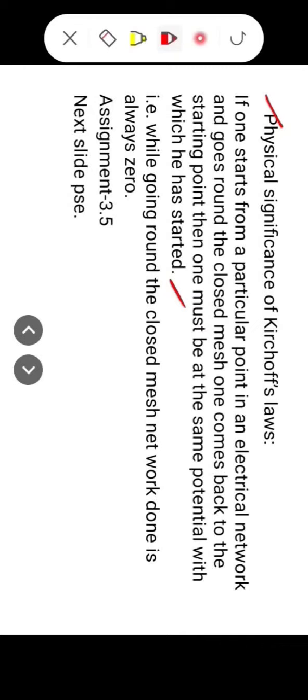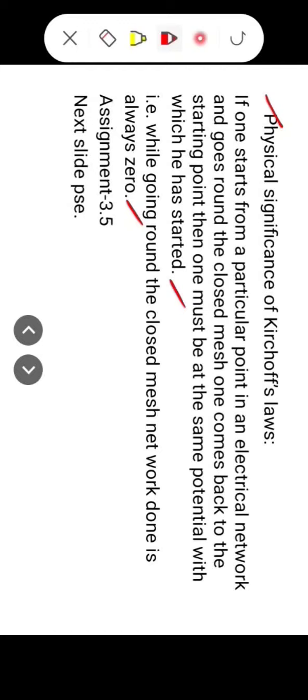That is, while going around the closed mesh, the net work done is always zero. This is another way of explaining the significance.